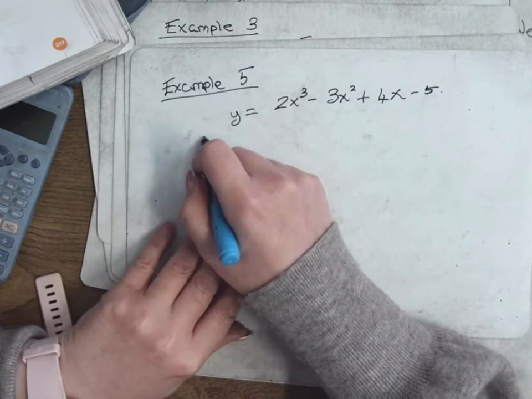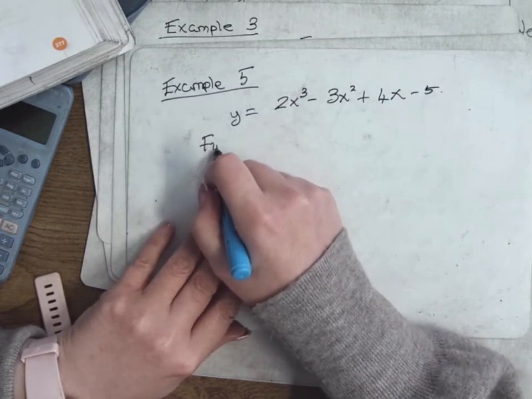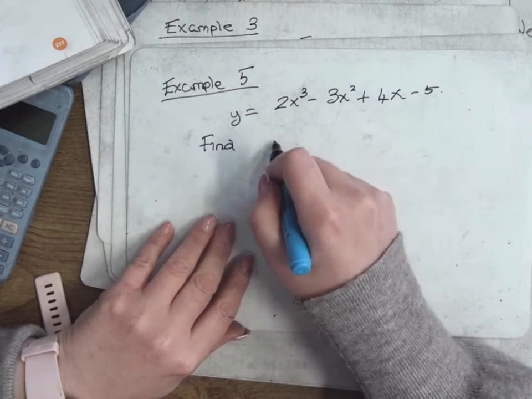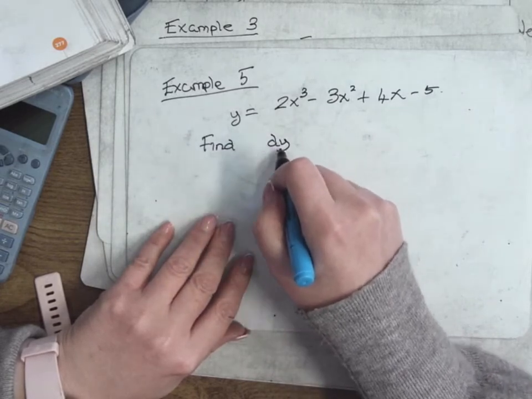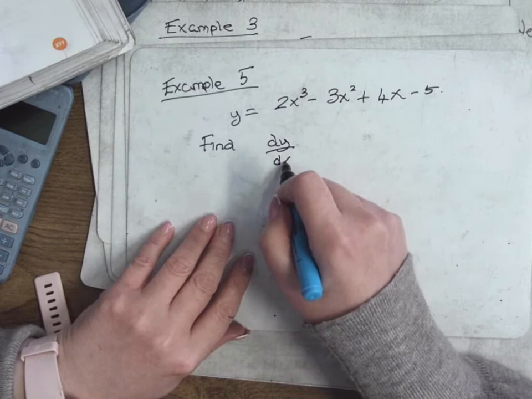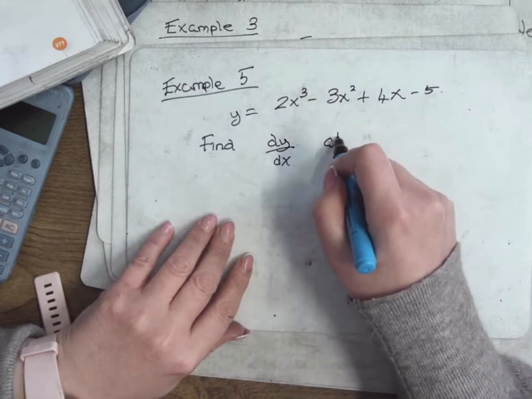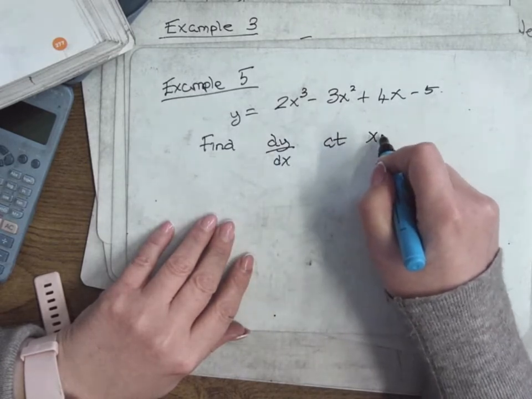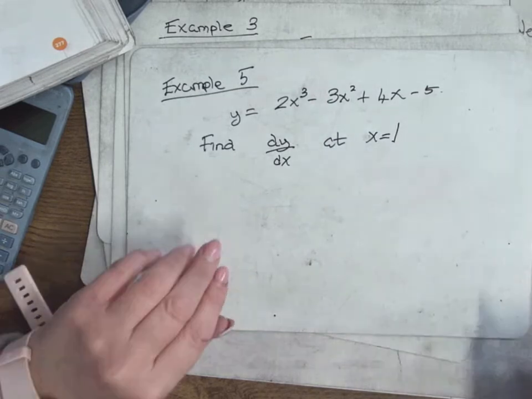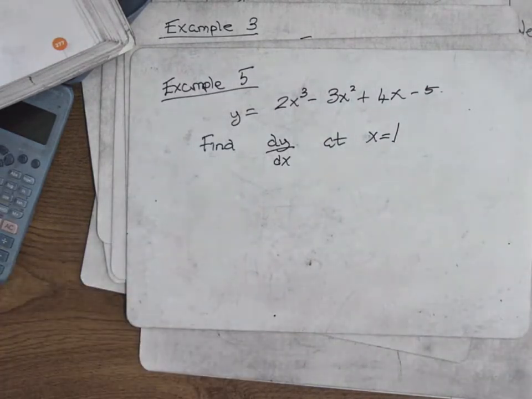Okay, and there's an extra bit here. Find dy/dx, like we just learned how to do, at x equals 1. Right, okay, so there's an extra bit here.